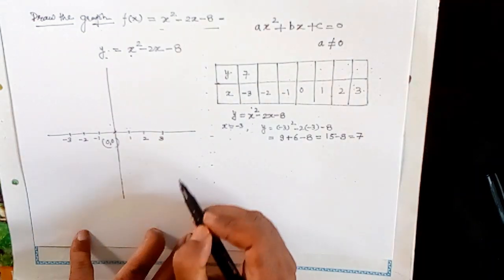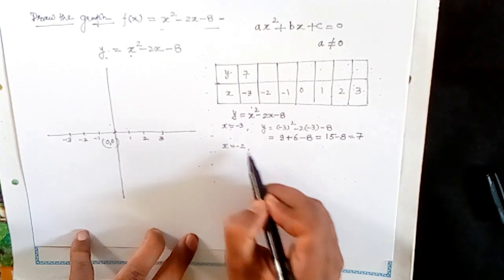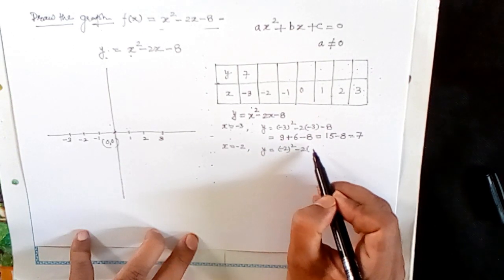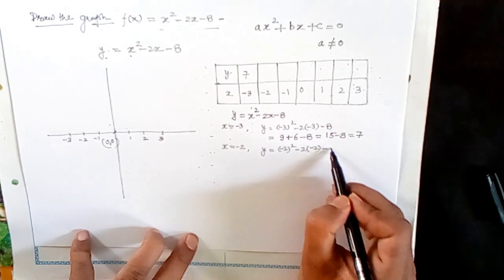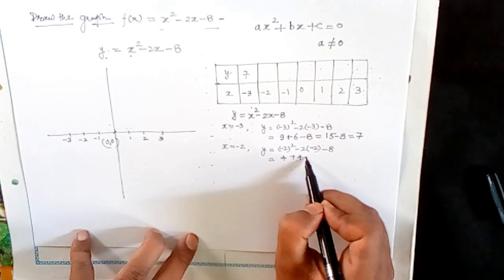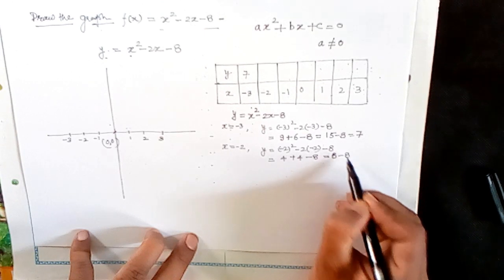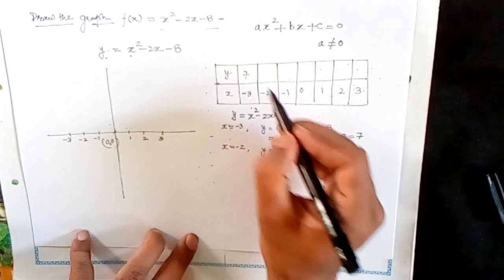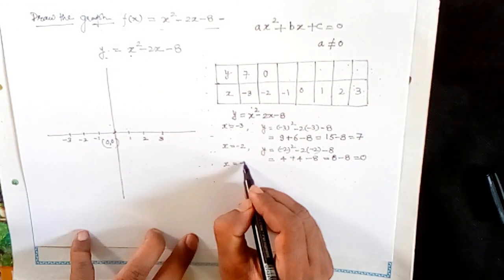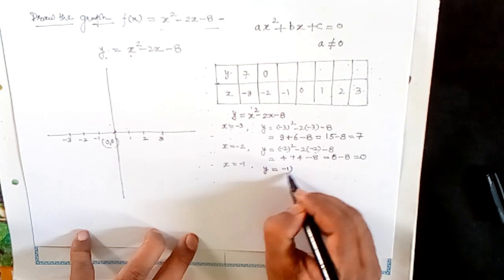Now we are taking x equals -2. Then let's see what will happen. (-2) square minus 2 into -2 minus 8, which is 4 plus 4 minus 8, equal to 8 minus 8, which is 0. So we'll put 0 here. Now we'll go with x equal to -1. y is equal to (-1) square minus 2 into -1 minus 8.